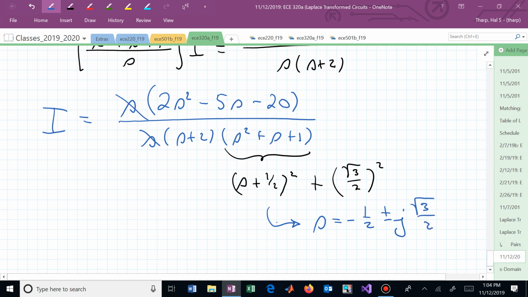There's our exponential decay amount, e to the minus 1/2 t, and our damped frequency amount, omega sub d, square root of 3 over 2. Meaning this is now the minus alpha plus and minus j omega sub d that you should be comfortable with from previous classes.